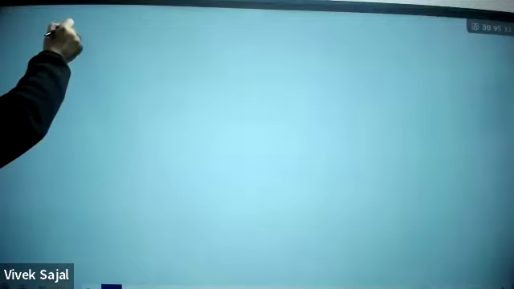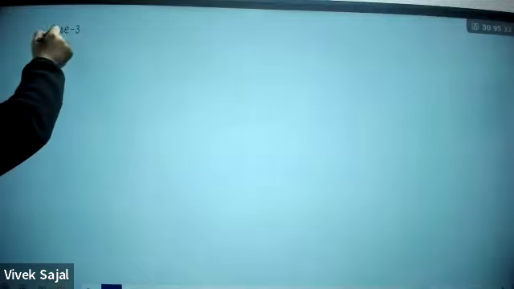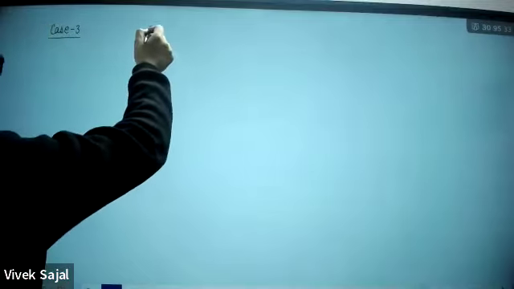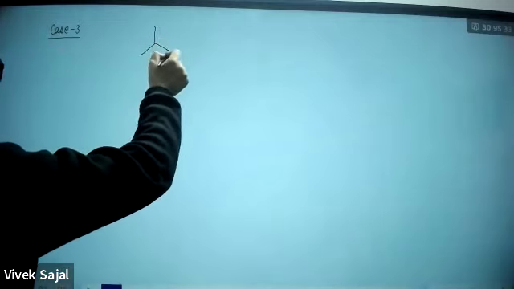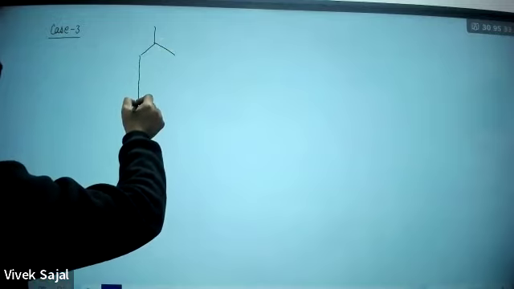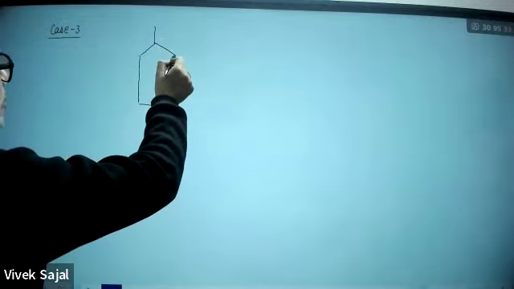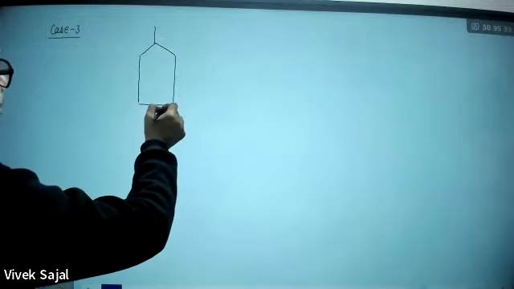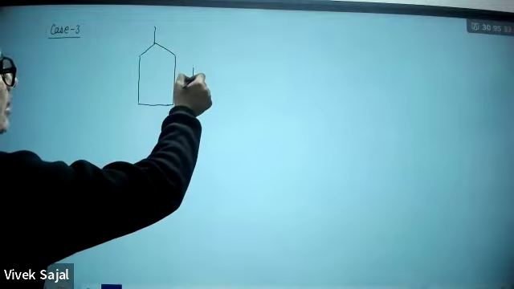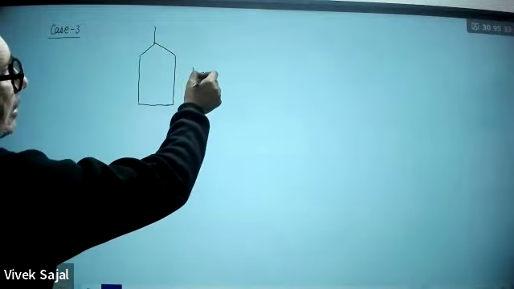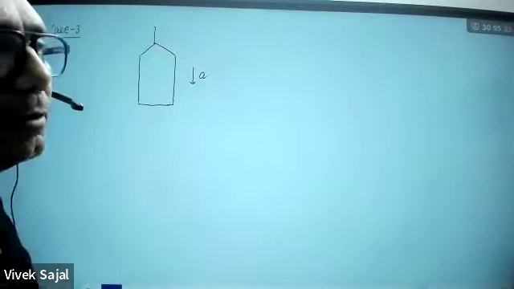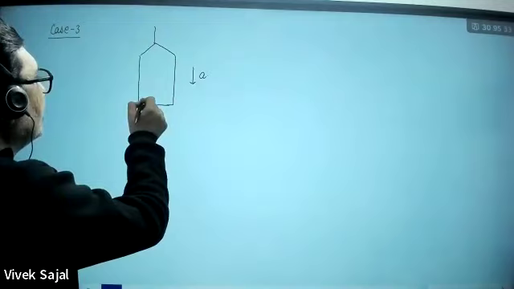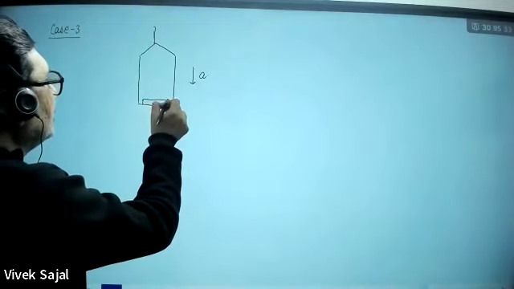Case 3. Suppose lift is moving downward with some acceleration. I'm saying that this is acceleration A. This lift is moving in the downward direction with an acceleration A. So this is a weighing machine here.